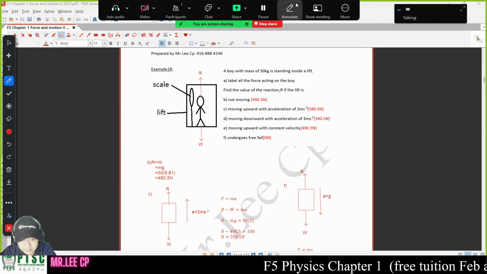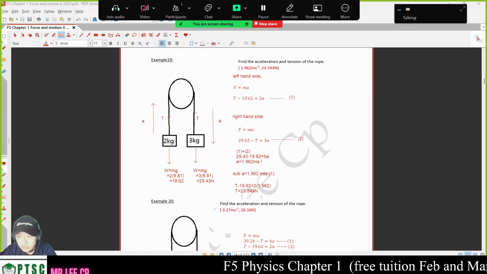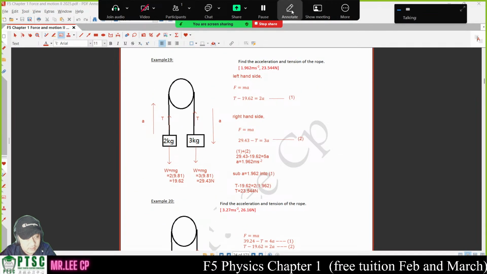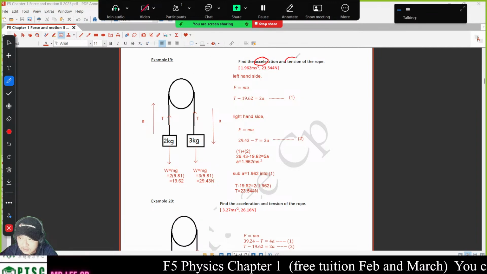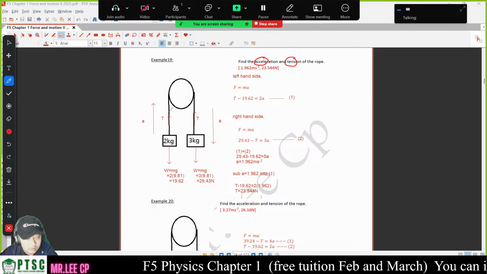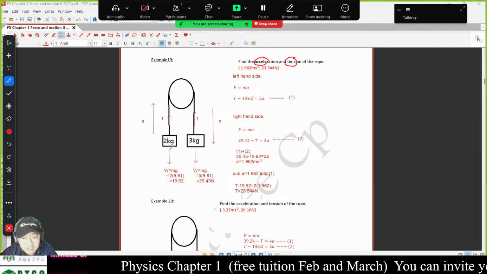For the pulley system, it is the same. Normally they will ask you to find the acceleration or the tension, or both. So first you label all the forces.